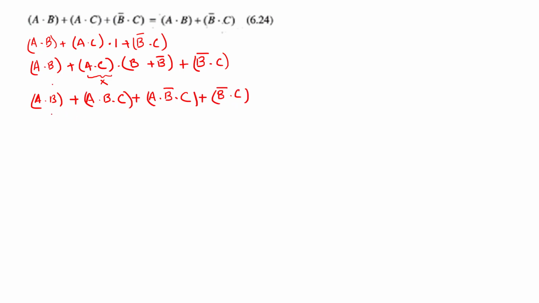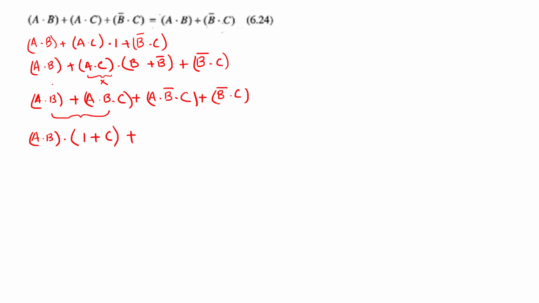Now, if you look at these first two terms, I can apply my distributive law on this again. If I assume that A AND B is X, then this here is (X AND 1) OR (X AND C). So I can rewrite it as A AND B AND (1 OR C).